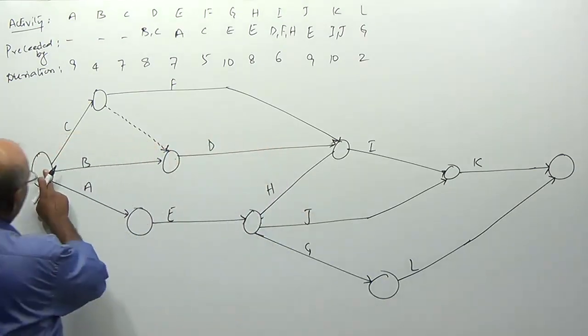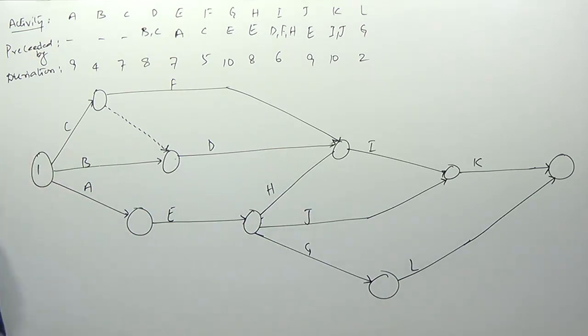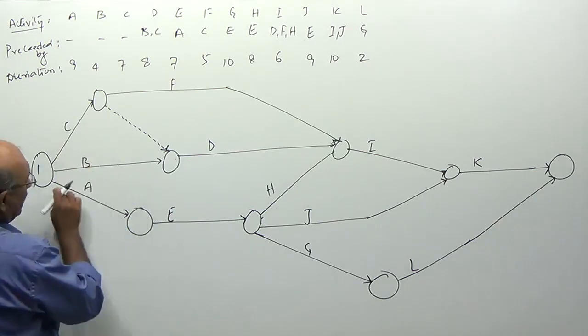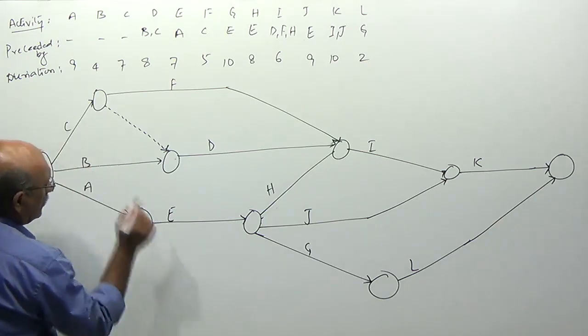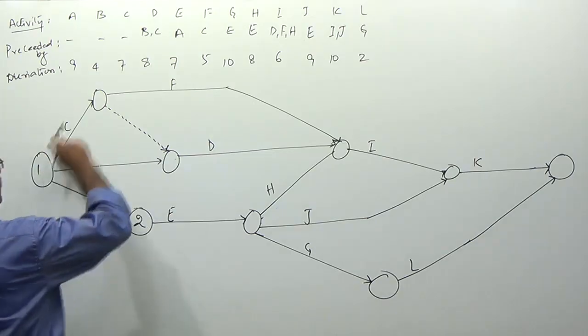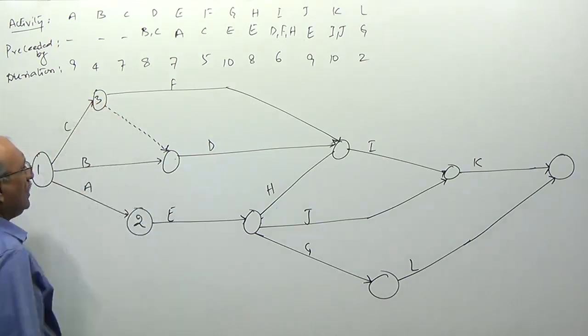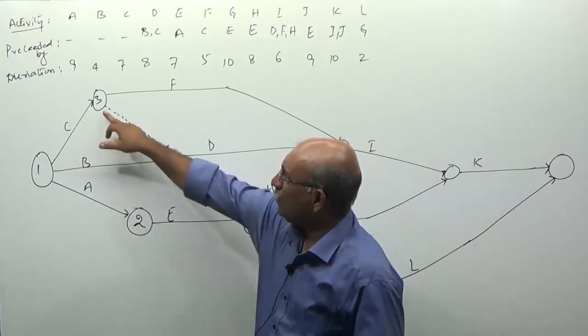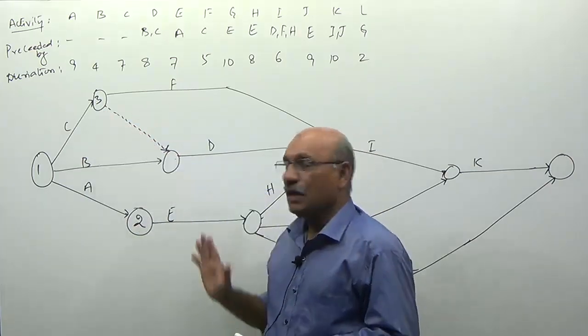So this is the tail node, sir, the starting node. This is number 1. Now for this activity A, this is the head node, number 2. For this activity C, this is the head node, number 3. You can give 3 here and 2 here also, no problem.